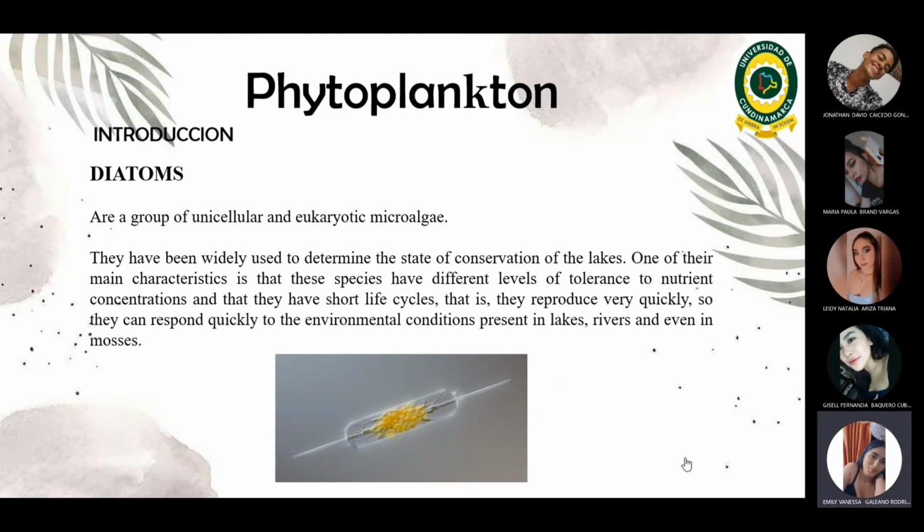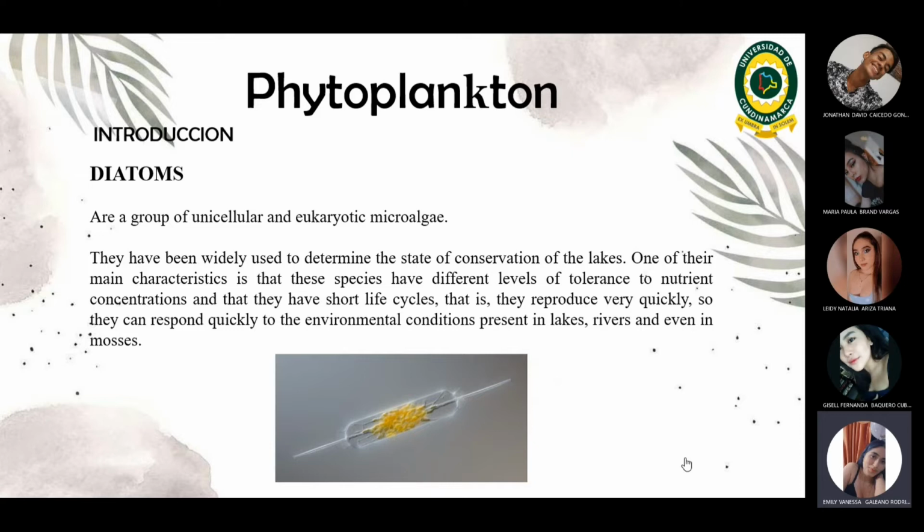Diatoms are a group of unicellular eukaryotic microalgae. These microorganisms have a size range that fluctuates between 15 and 500 micrometers. They are extremely autotrophic.